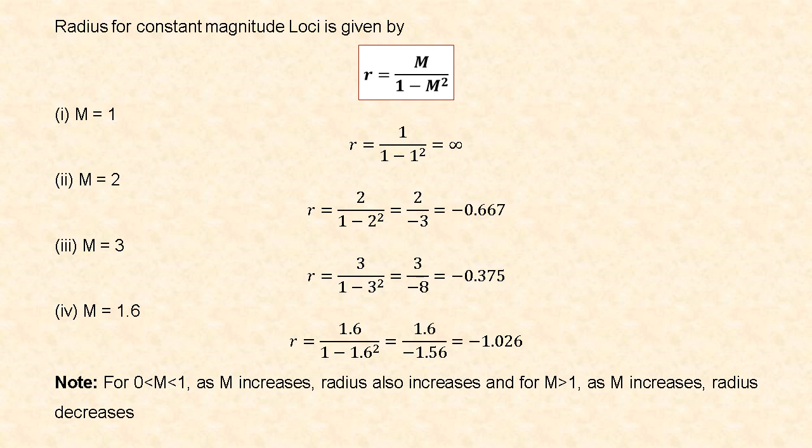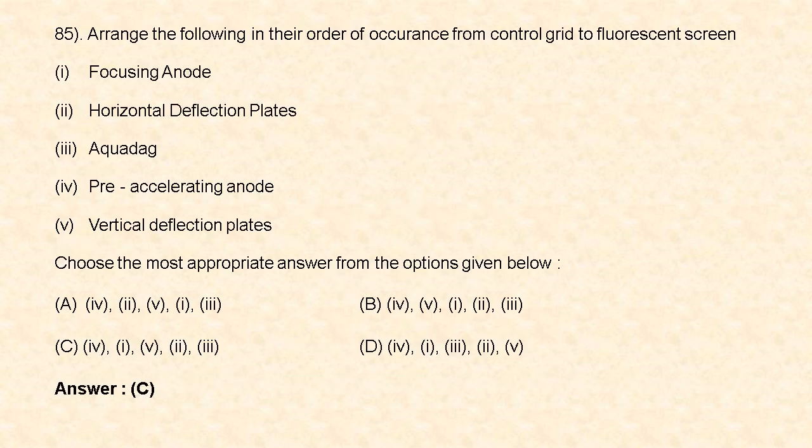And for M greater than 1, as M increases, the radius decreases. So we can directly solve this problem. For that, for M is equal to 3, we'll have the lowest value, and M is equal to 1 will have the highest value.